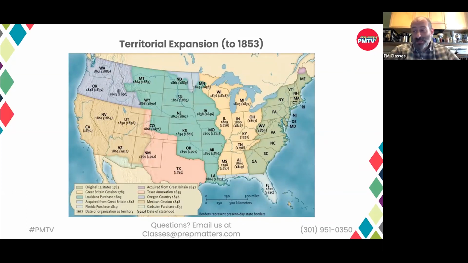So the question asks, analyze the causes of the growing opposition to slavery in the United States from 1776 to 1852. And in your response, consider both the underlying forces and specific events that contributed to the growing opposition. Now, of course, this is a DBQ that'll have 10 documents.